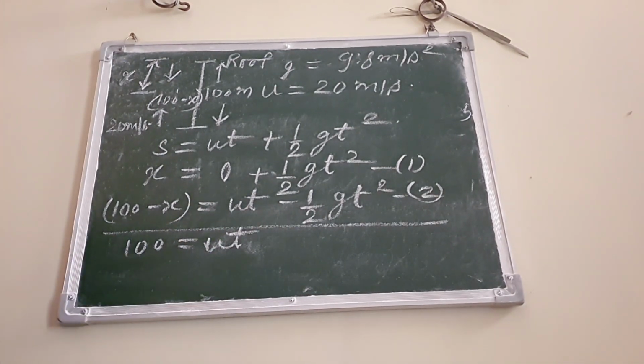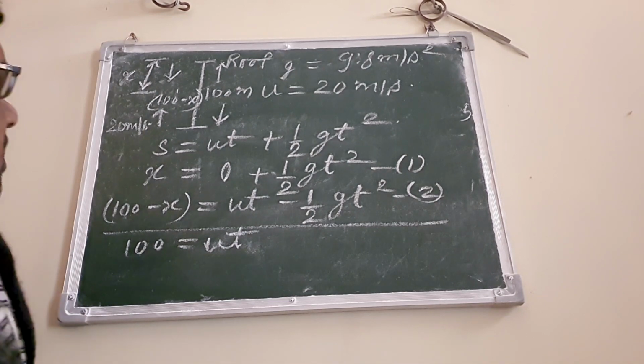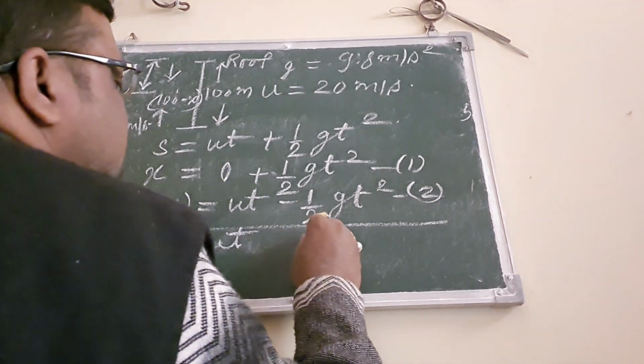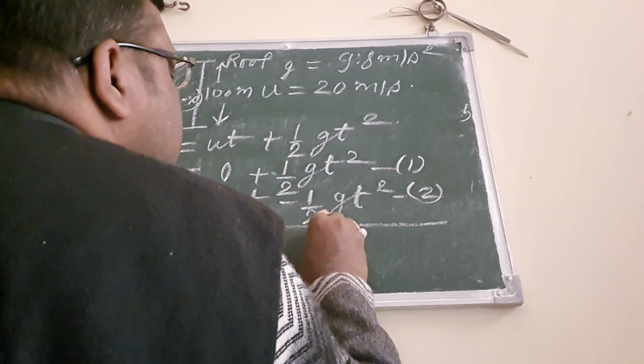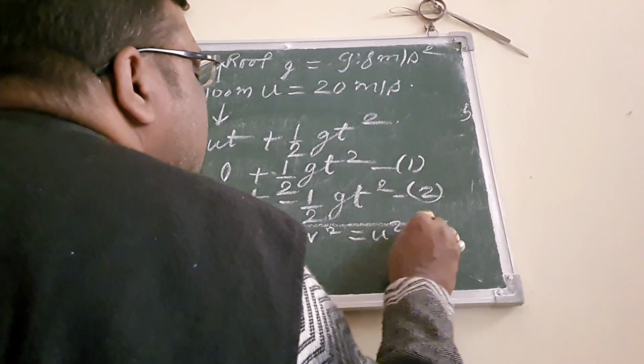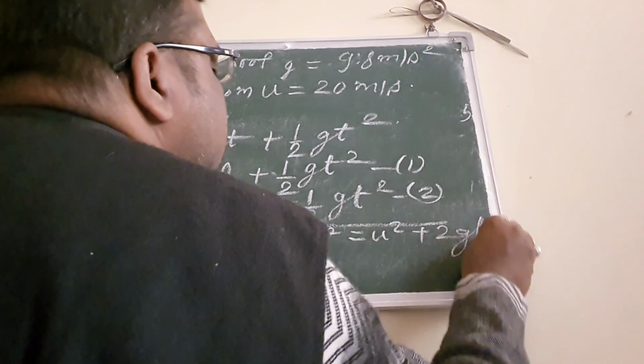Now we are finding the initial velocity u, since it is not given. We are using the equation of motion v square equal to u square plus 2gh.